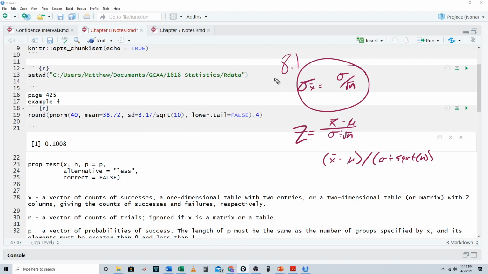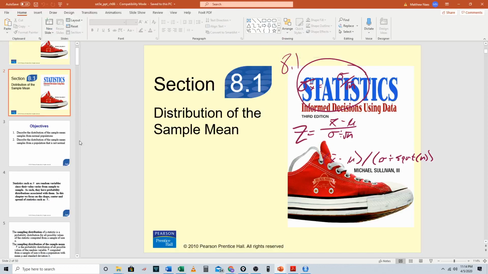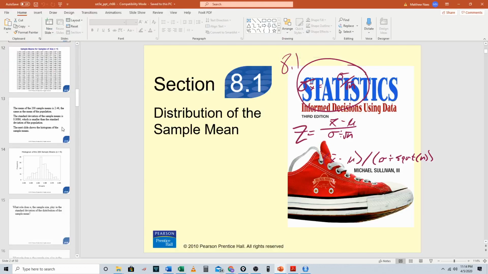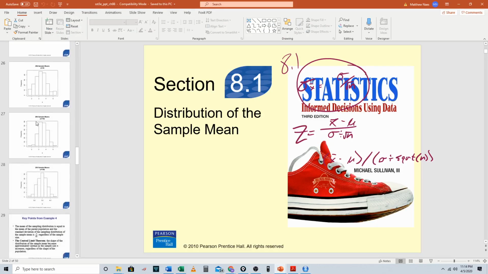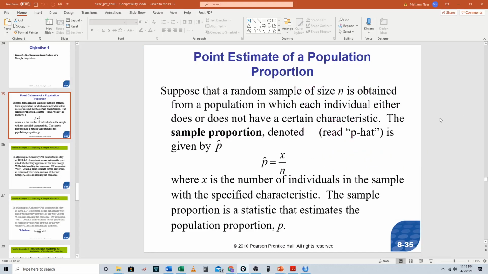So that's about it for the formulas for 8.1, and I think I already went over all the formulas for 8.2 that you might go back to. There we are, 8.2. Okay. Finding p hat. You may just be asked to find p hat. All right.